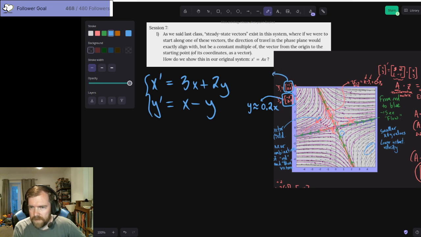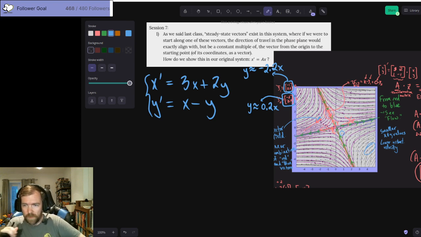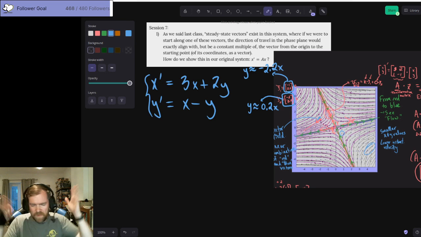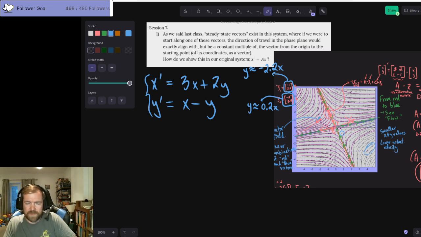Right. And so I won't put too much suspense on this. This was very approximately y equals negative 2.2x, and y equals 0.2x. Again, very approximately. This was just off of this diagram, so we're hoping that's right, but we'll see.